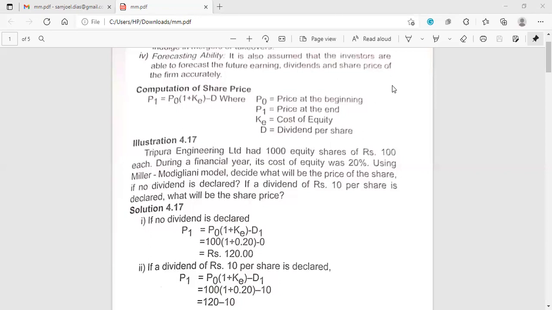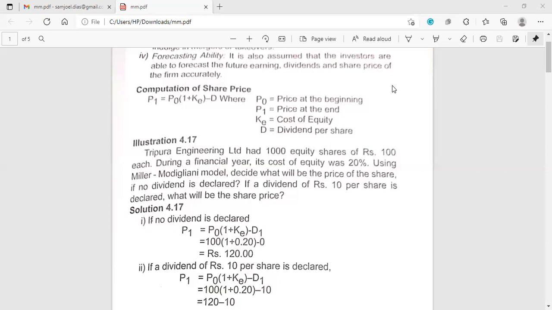But on the other hand, the firm may have to issue shares in order to meet its financial requirements. That means it is foregoing its profit. Whatever profit a firm earns will be distributed as dividend to the shareholders. Of course, as a result, in the market, the demand for that particular company share will increase, and that ultimately leads to an increase in the market price of the shares.